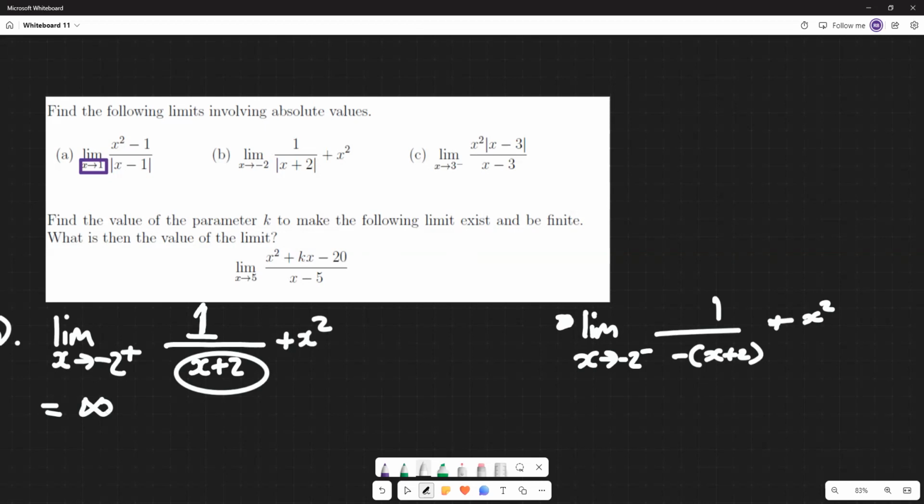And then let's check the left hand limit. The left hand limit will also give you infinity. You see, because if I put -2 here, this will be positive. What happens here? Let's see actually. So if I put -2 here, we're approaching 0 there.